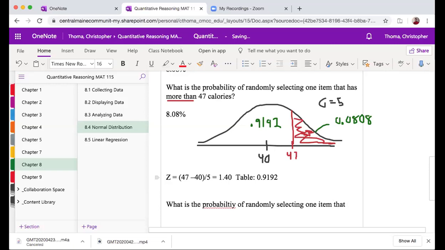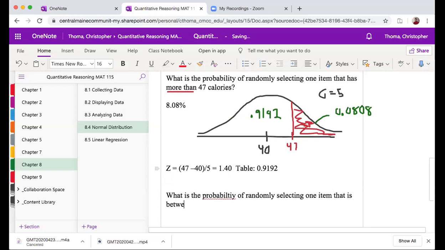We'll learn that in statistics. What is the probability of randomly selecting one item that is between 35 and 45 calories?